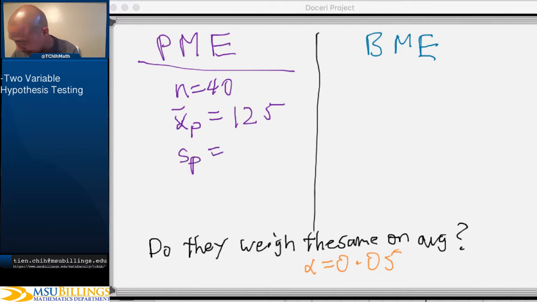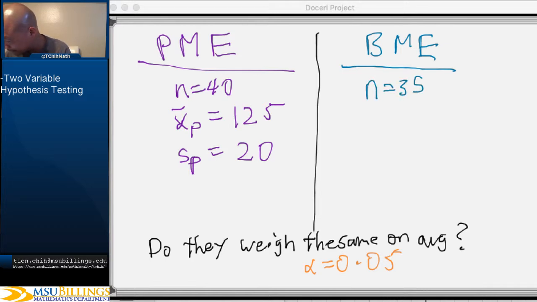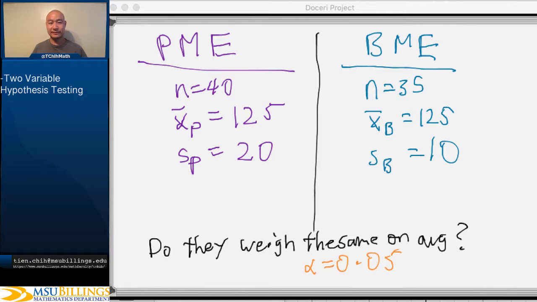So let's say they have a mean of 125 pounds and standard deviation of 20 pounds. And then you go weigh some blue microelephants. Let's say you can only find 35 of them, and their average weight is 125. And let's say their standard deviation is 10. Right?